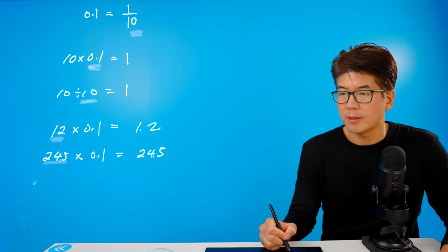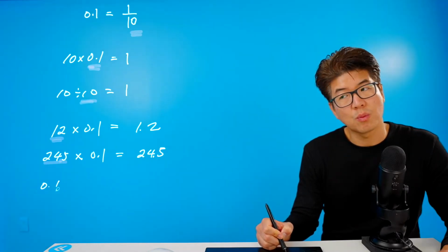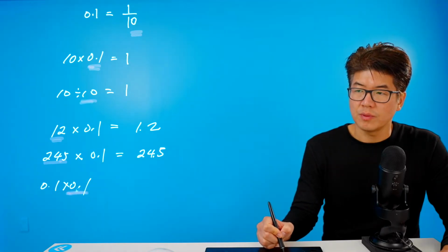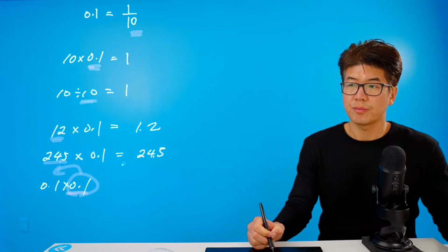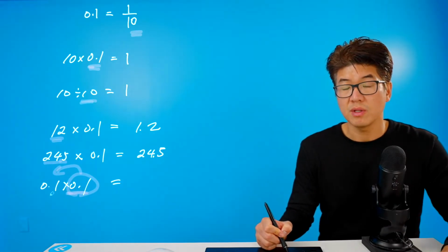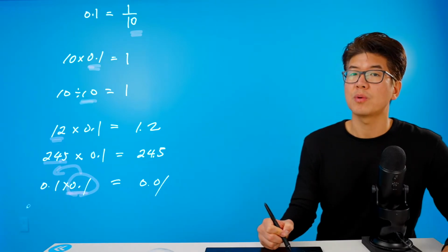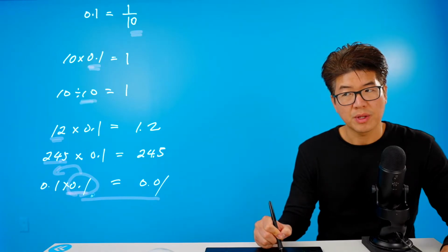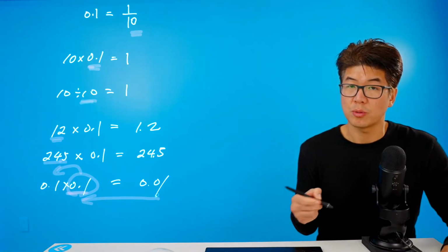What if I did something really small? What's 0.1 times 0.1? Well, this is basically telling you to gain a decimal place to a number in front of it. If this gains one more decimal place, what do we get? 0.01. Also remember the other way: 0.01 is simply two 0.1s multiplied together.